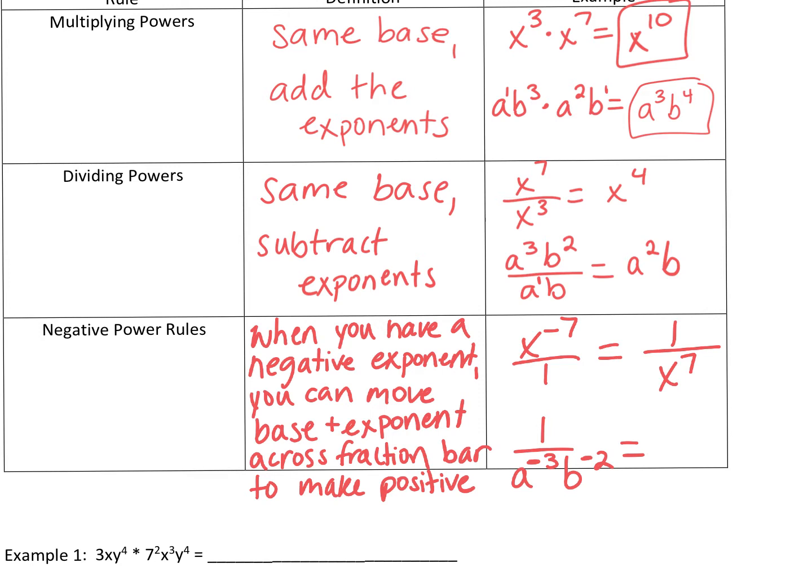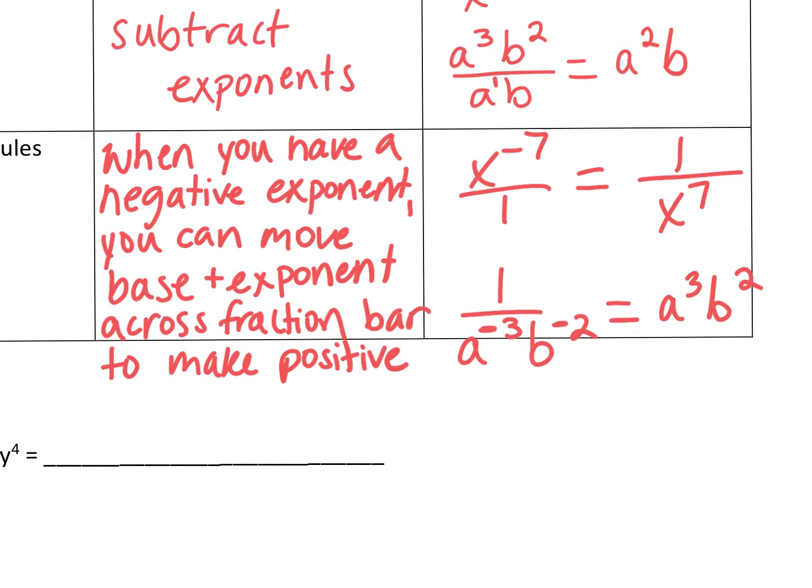So this would become a to the third b squared over 1, or just a to the third b squared. Does that make sense? Okay. Hopefully we got that down. Everybody got it?